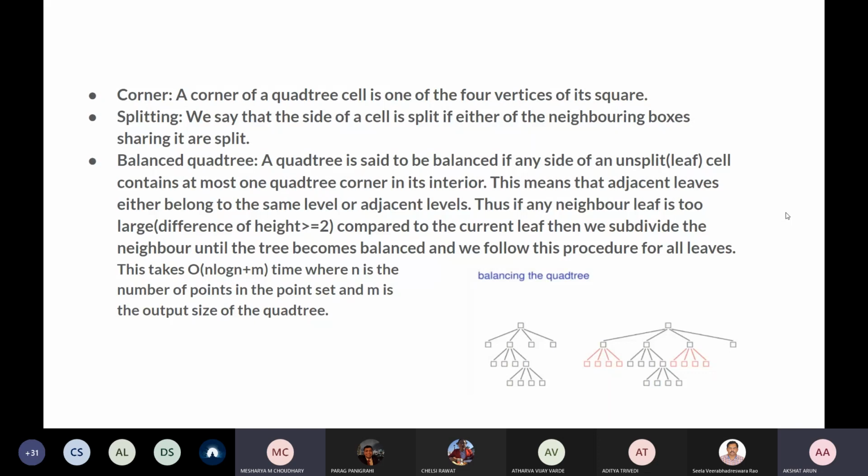Thus, if any neighbor leaf is too large, and the difference of height is greater than or equal to 2 compared to the current leaf, then we subdivide the larger neighbor until the tree becomes balanced, and we follow this procedure for all leaves. This allows us to obtain a balanced quadtree in O of n log n plus m time, where n is the number of points in the point set and m is the output size of the quadtree. Next slide.